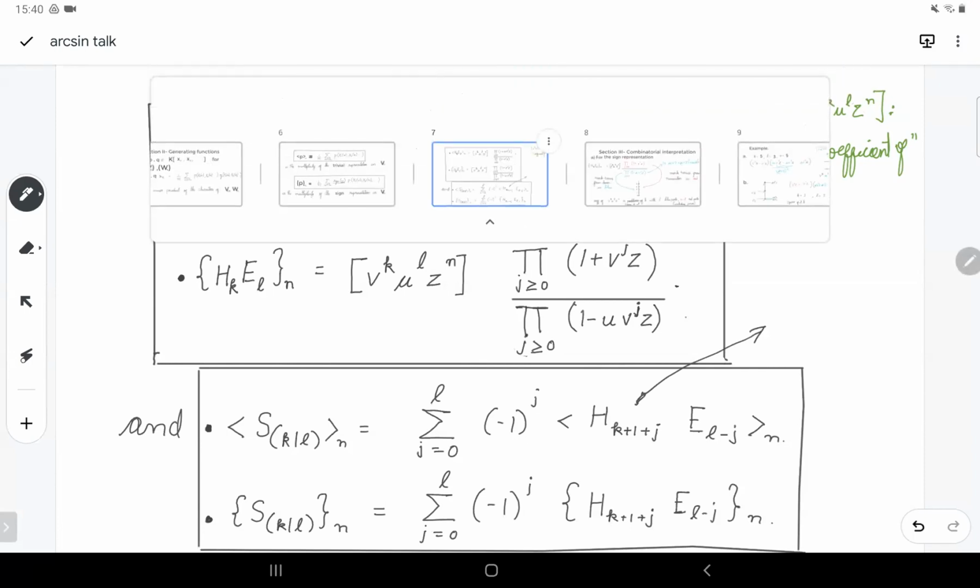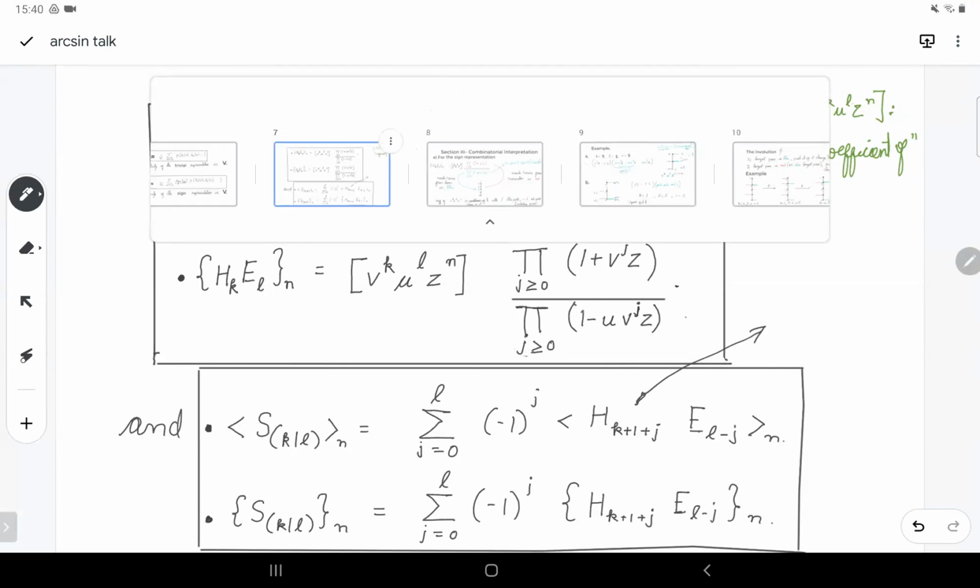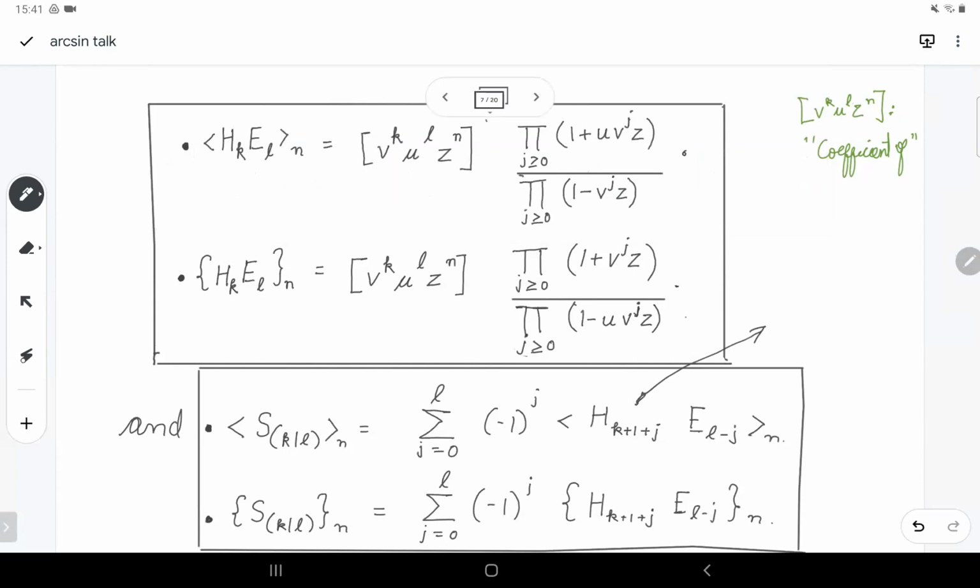Okay, so just one more question. There are two things here. On top, you have these moments, and you are claiming that the moment is given by the coefficient of something, right? That is one thing.